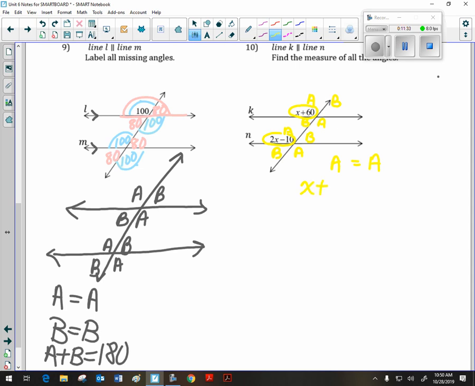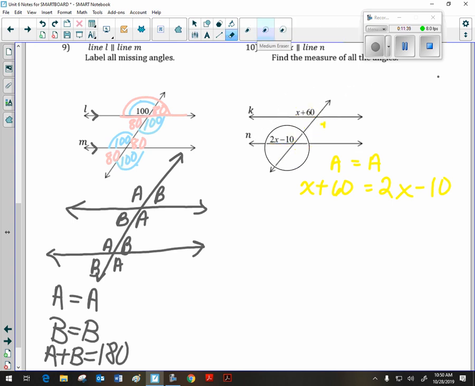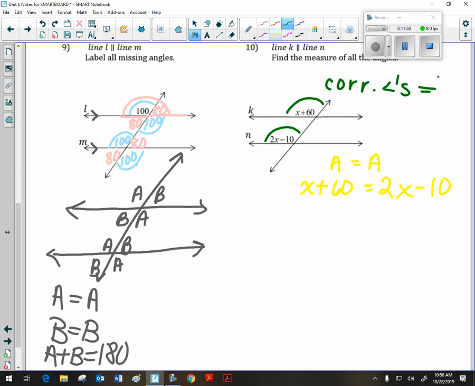Then my x plus 60 will be equal to my 2x minus 10. They really are hoping that you have a little bit more knowledge than that, but that is definitely a short, quick way to get the right answer. Technically speaking, these two angles are corresponding angles, and corresponding angles are congruent, which is why we're setting them equal.